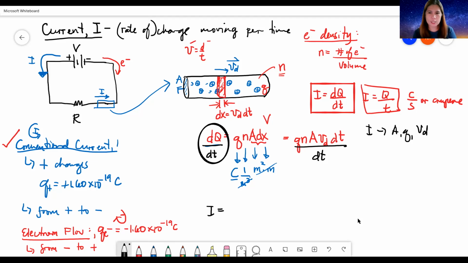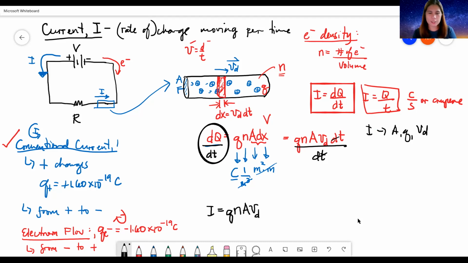So that's it. Current depends on the magnitude of the charge. The higher the electron concentration, the greater the current, the better the conductor. With a larger cross-section area, more charges can enter, so that's higher current. And then we also have the drift velocity here.